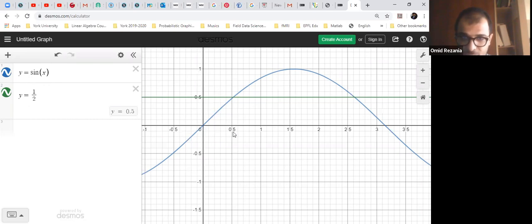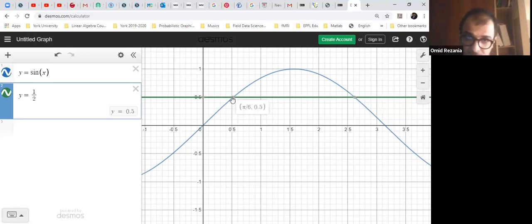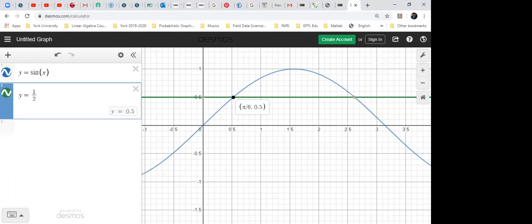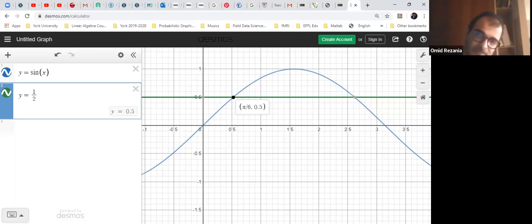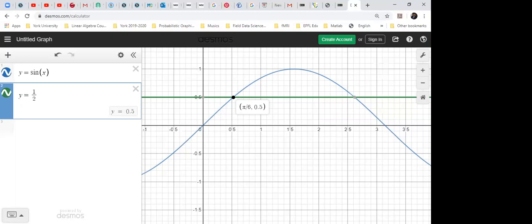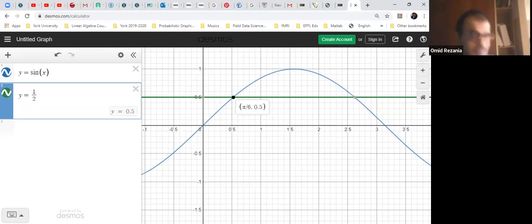You see this point, dotted by gray, and when I click on it, it gives a coordinate. What is the x-coordinate of that intersection? Pi over 6. What was my analytical solution? Pi over 6. You see, I ended up with the same answer.